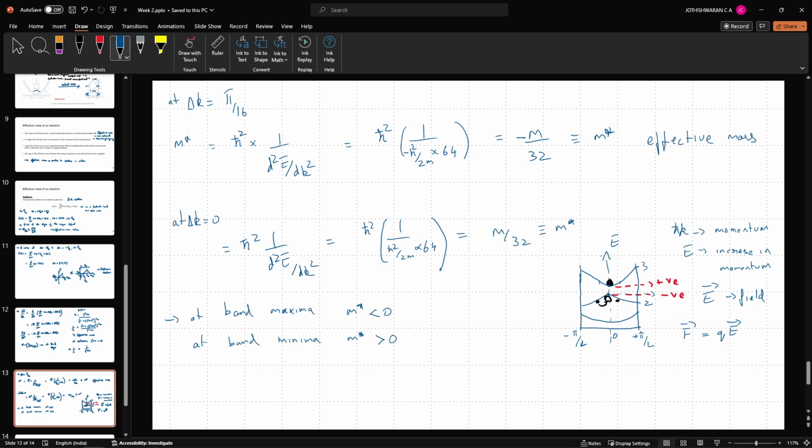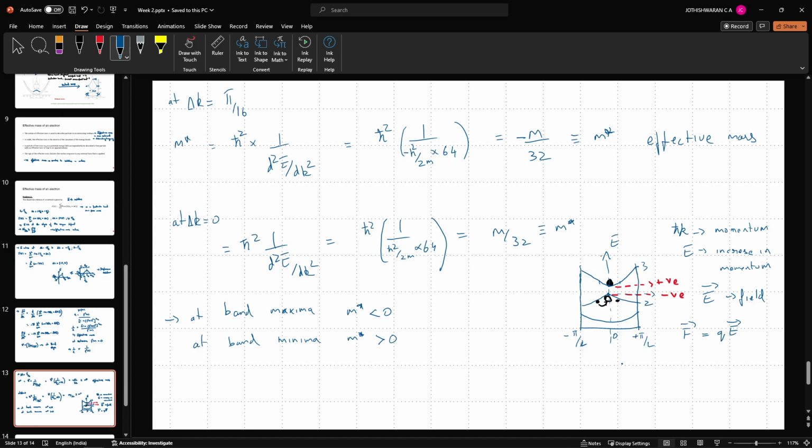Now, what is seen is that when I'm applying a force, the momentum is changing in the opposite sense when I'm near the top of band number 2. So instead of putting a negative sign on the mass, we can say this is a positively charged particle with positive mass. Because negative mass is a very uncomfortable quantity to deal with, we will simply say this is a positively charged quantity, and that is what we call a hole.